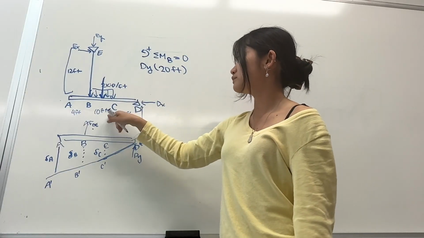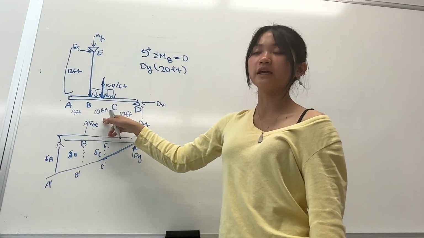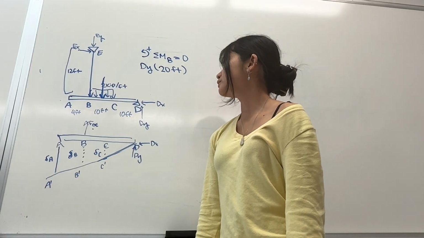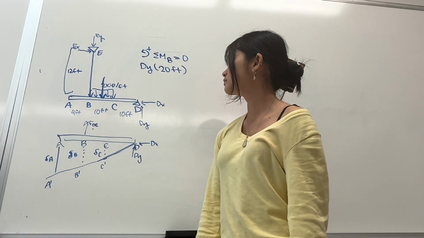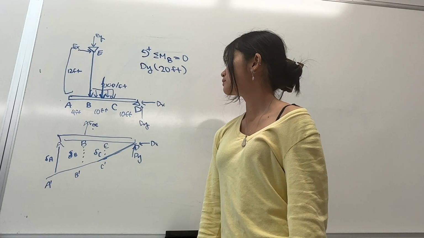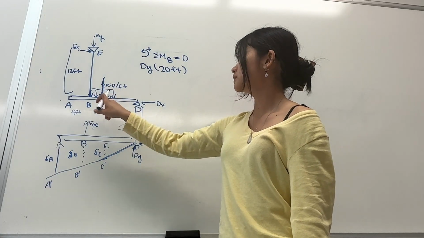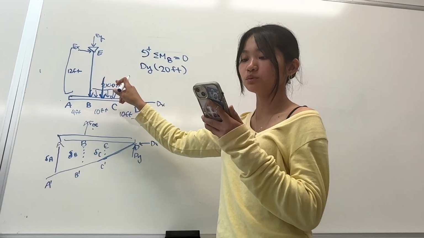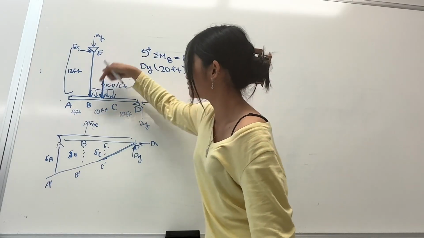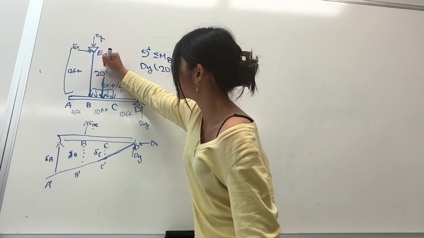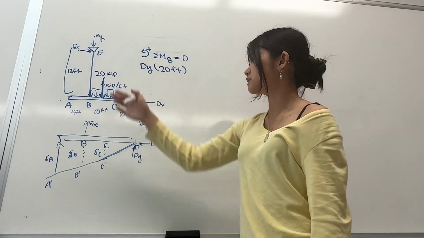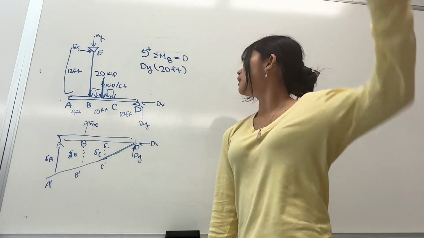So feet over feet would cancel, which leaves only kips. That'd be 10 times 2, which is 20. So we have our single force right here, 20 kip. So we can ignore this distributed force.